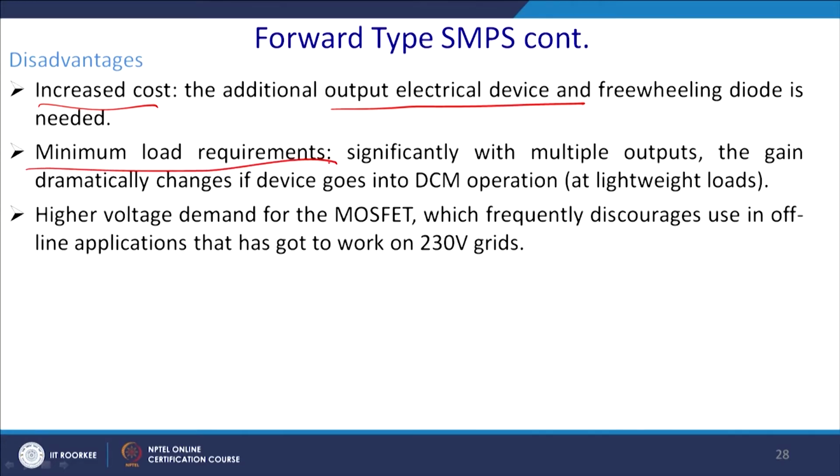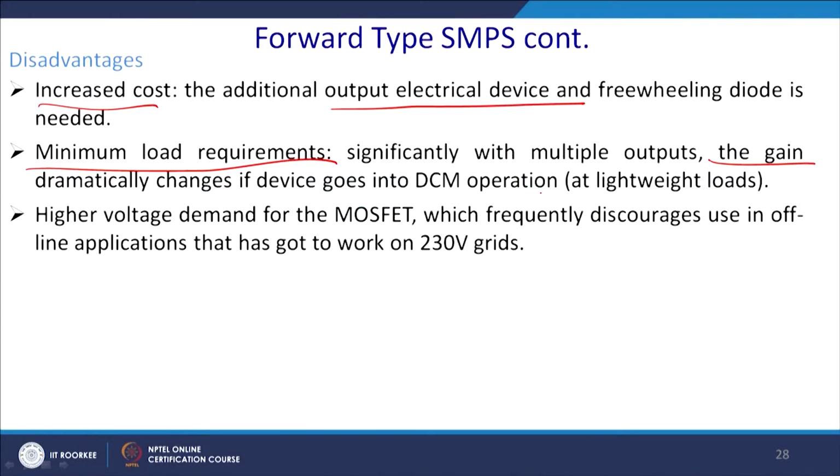Minimum load requirement, that is also a feature. You cannot keep your load open circuited. Significantly, with multiple outputs, the gain changes dramatically if the device goes to DCM operation at light loads.